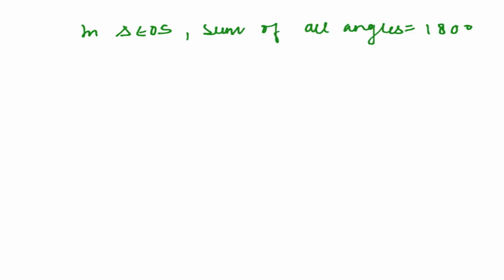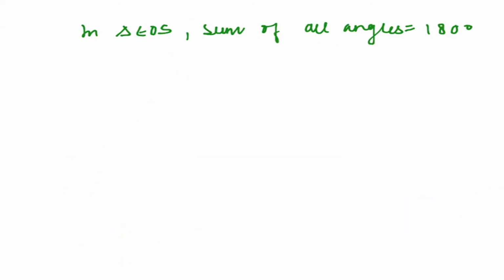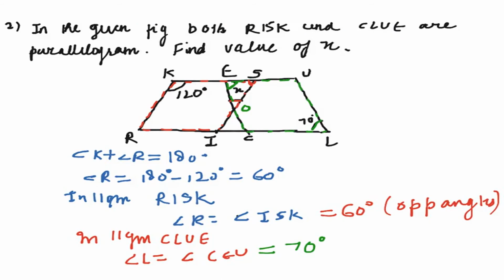We have triangle EOS. In triangle EOS, we know the sum of all the angles of a triangle is 180 degrees. So it means we have the value of angle E, or we can say OES. How can we write the three angles of this triangle?